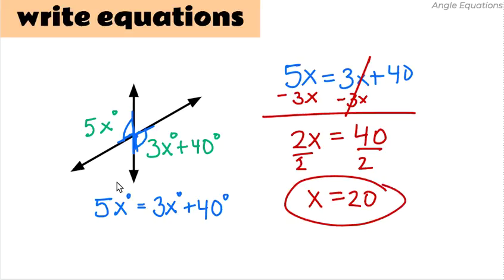Now again, if you are asked, what's the angle measurement? Solve for x to figure out what these angles equal. Well, I would have 5 times 20. So the angles equal 100 degrees. If you were asked to figure that out, sometimes you are, sometimes you're not.